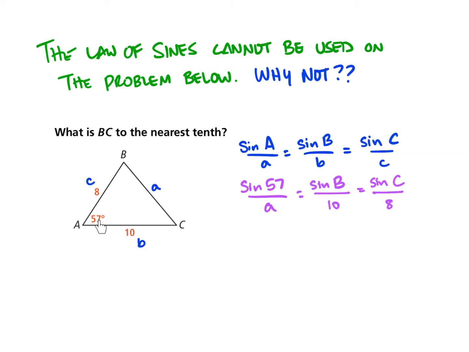If I have a 57-degree angle here, a side that's 8 here, and a side that's 10 here, there's only one triangle that could be created with those measurements. And what that means is logic would tell us we should be able to figure out how long this side is, what that angle would have to be, and what that angle would have to be. But the law of sines is not going to be what helps us do it. It's going to be something called the law of cosines.